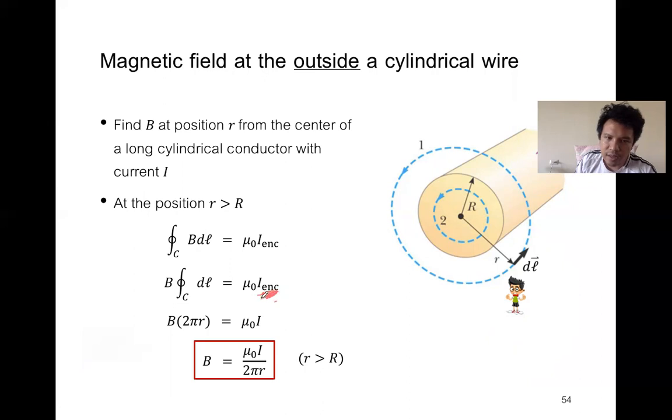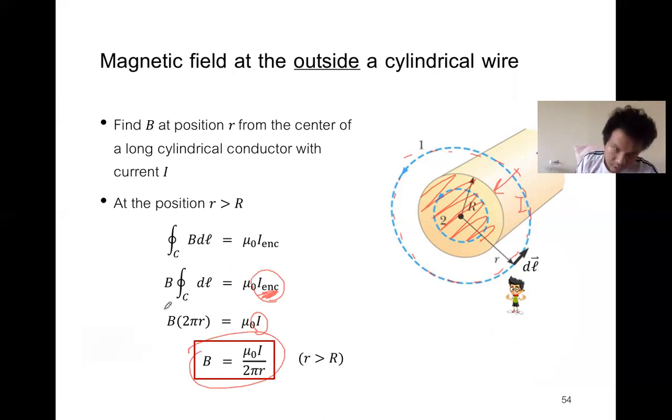The term I enclosed will be I, because the Ampere loop covers the whole current I. So we have the same relation as we did for the case of a long wire. From Ampere's law, we multiply B by the total distance along the Ampere loop, B times 2 pi r, and we have B equals mu I over 2 pi r.